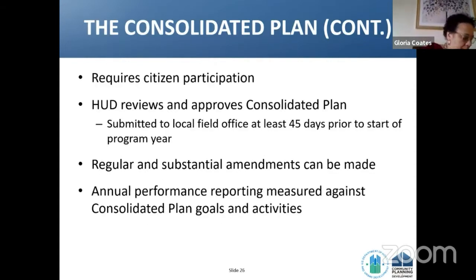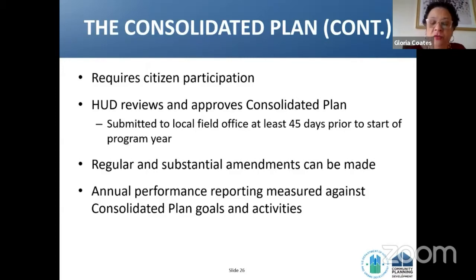Okay, as we discussed, you must have citizen participation. I'm sorry, I dropped my papers on the floor, I'm picking them up. Citizen participation is critical. If you, as a grantee, develop a consolidated plan without citizen input, HUD will not approve that plan because that's a statutory requirement that citizens be given the opportunity to participate.